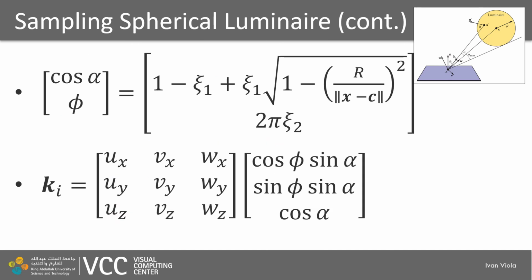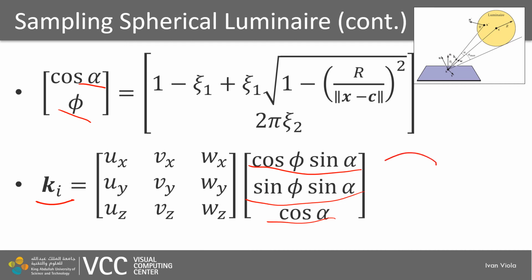In particular, given our alpha and phi, we can calculate the direction towards the sample on the light source by multiplying the cosine and sine terms of phi and alpha with our basis vectors.